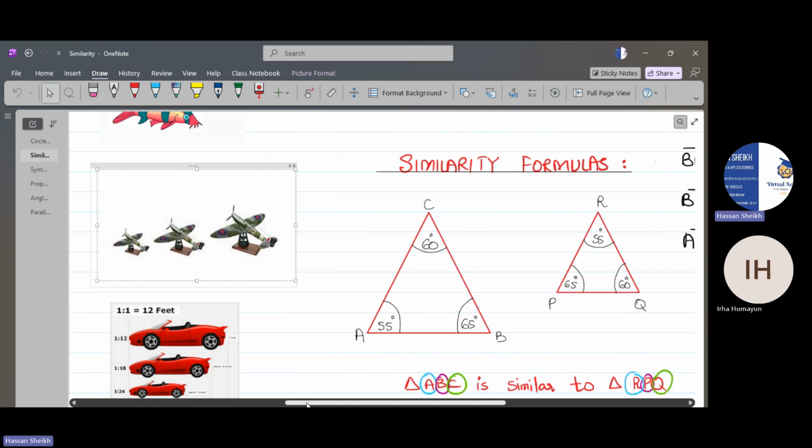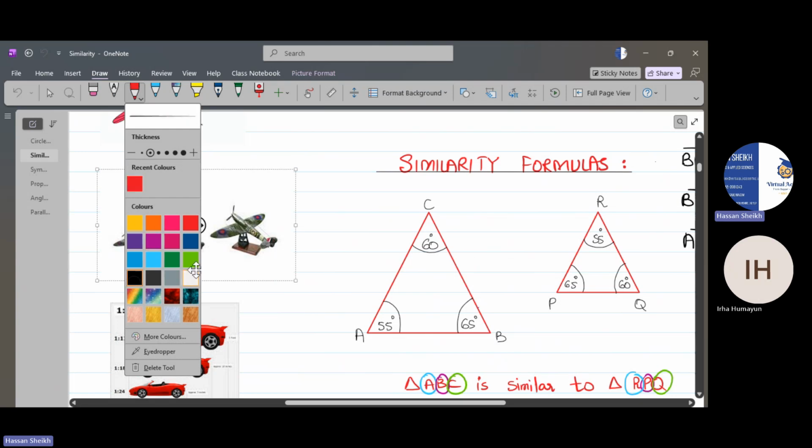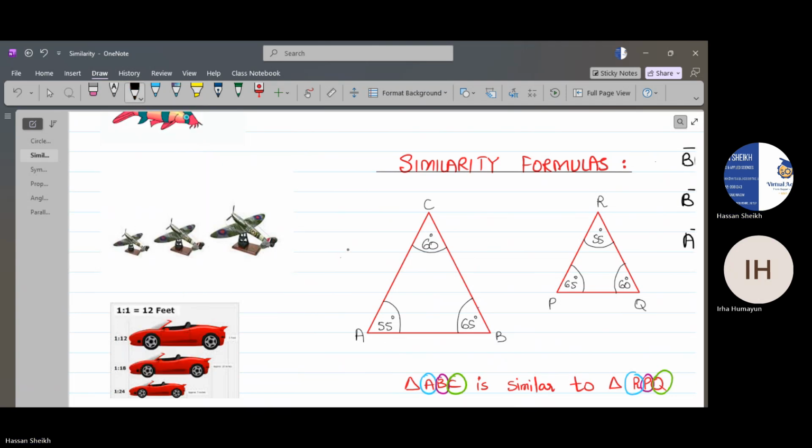So, Ira, corresponding sides means the side of one triangle or any shape that corresponds to the side of the other triangle. Now, let me show you. I asked you about the corresponding side of BC. Now let's check which side corresponds to BC in triangle PQR. First of all, let me mark BC.